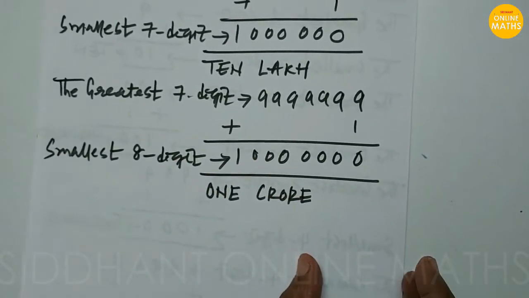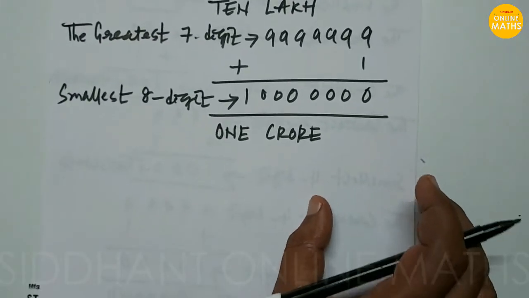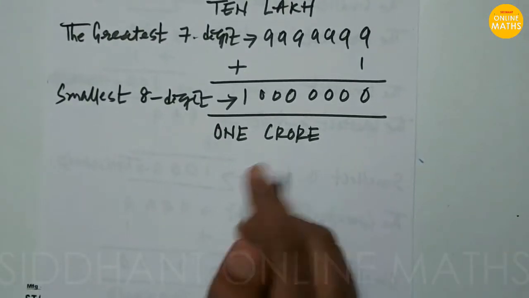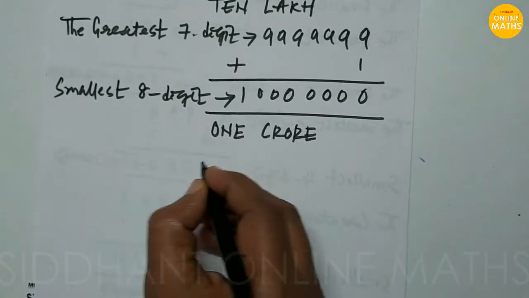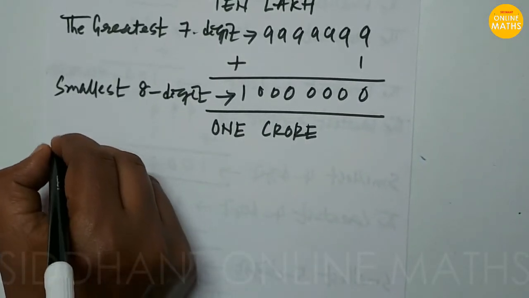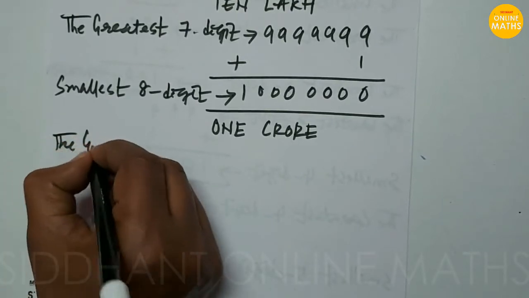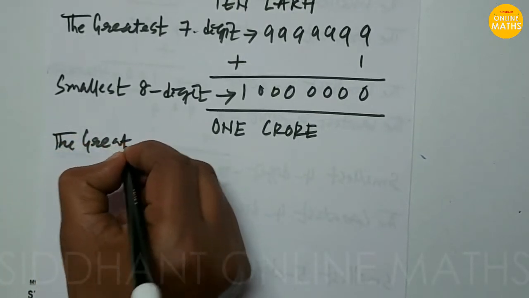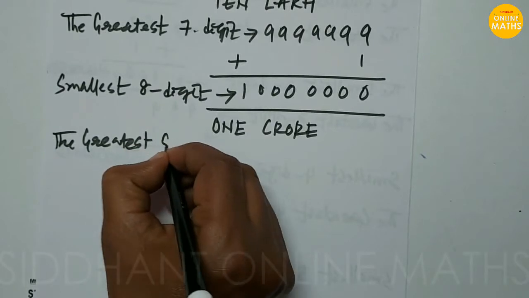Continuing this, when you increase the size of the number, now the greatest 8-digit number will be 99999999.